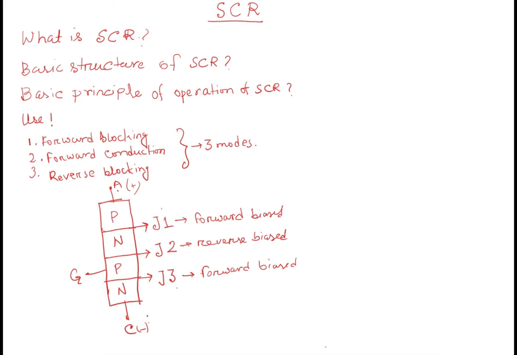In between the two junctions there is one junction which is reverse biased. So when we apply a positive voltage here and negative here, initially there will be no current, only a very small leakage current in this reverse biased junction, due to minority carriers.